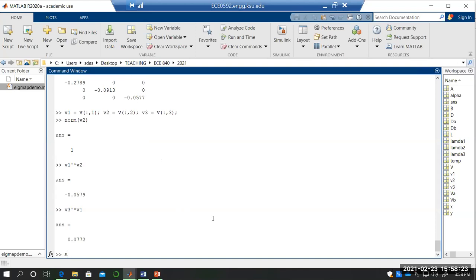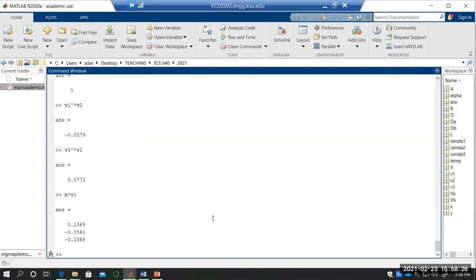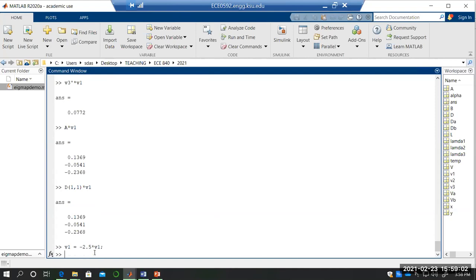Remember, eigenvectors are all directions, right? Yeah. A star V1 is this, and lambda 1 V1 is this. These two are the same, right? Likewise, A V2 equals lambda 2 V2. So if I replace V1 with, let's say, negative 2.5 star V1, okay, now V1 is no longer a unit vector, right?